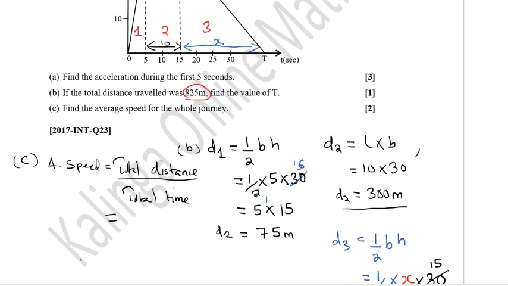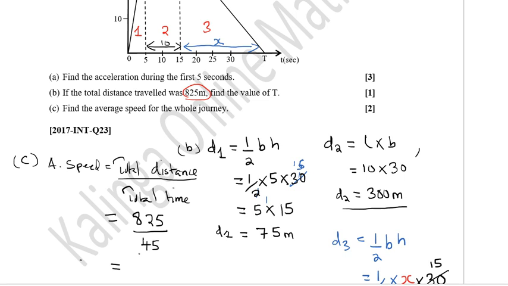So this is the formula that we are going to use. To find the average speed, we have to know the total distance, and the total distance is 825. We write 825 over what was the total time. So the value of t there, it was 45.